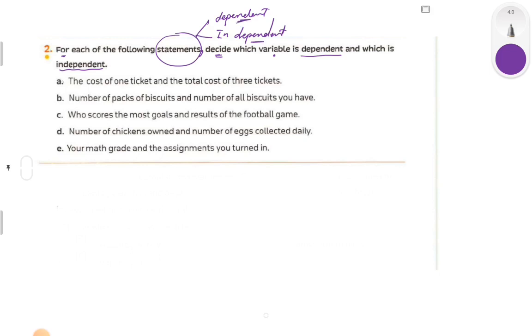Okay, first statement, the cost of one ticket is C, and the total cost of 3 tickets, total cost is T. Now, I have two variables. The first one is the cost of one ticket and the other one is the total cost.